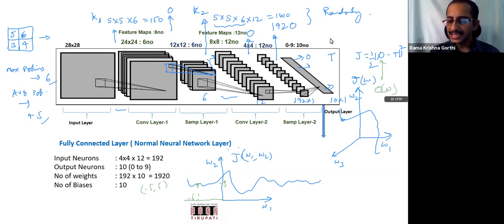I adjust these weights such that O comes somewhat closer to targets. And what happens by adjusting this for a large number of input samples? Now I'm not just minimizing with respect to one input sample. This is also a function of input samples; that's why I have not denoted it explicitly.